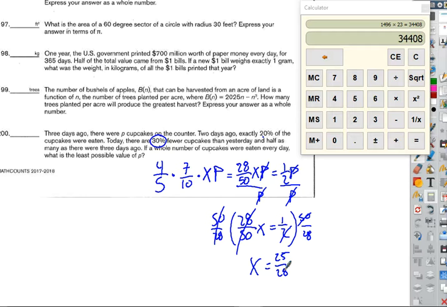Now, I know that I'm looking for a value of p that is both divisible by 5 and also divisible by 28. So what is 5 times 28? It's 140.